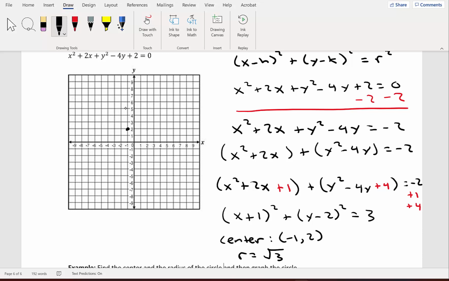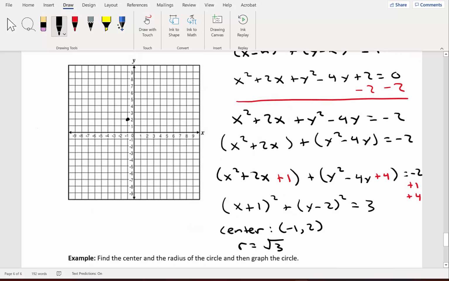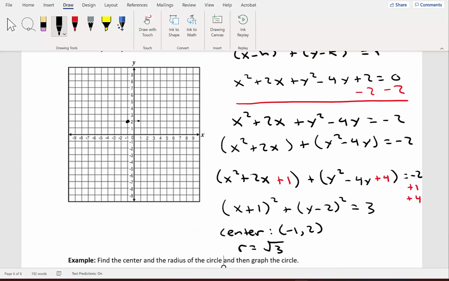And now we have to go square root of 3 units in each direction. Well, square root of 3, we have to approximate where that's going to be. So square root of 3 is approximately 1.7. So we're going to go 1.7 in each direction. Going 1.7 to the right, I get about this point right over here. And then 1.7 to the left is about this point. 1.7 down, which is about right here.